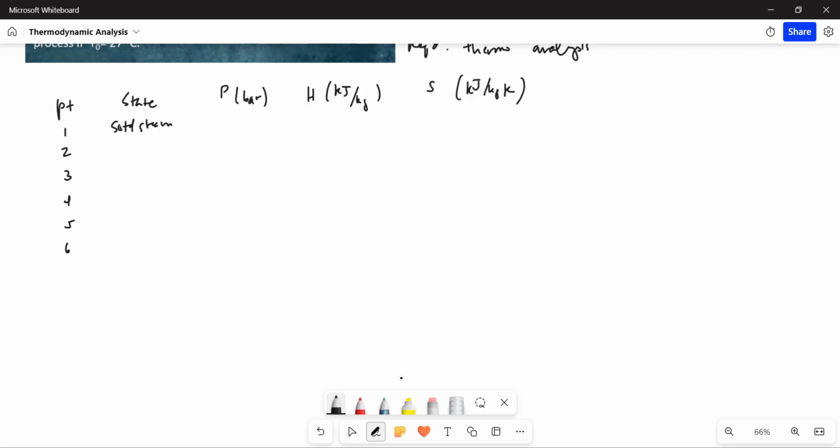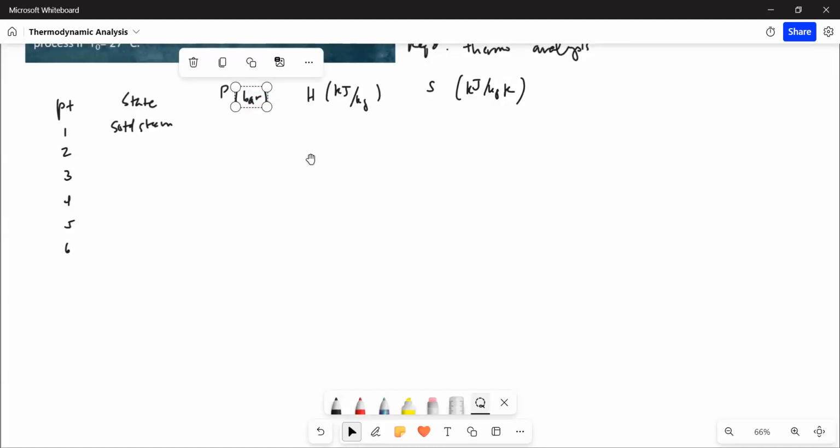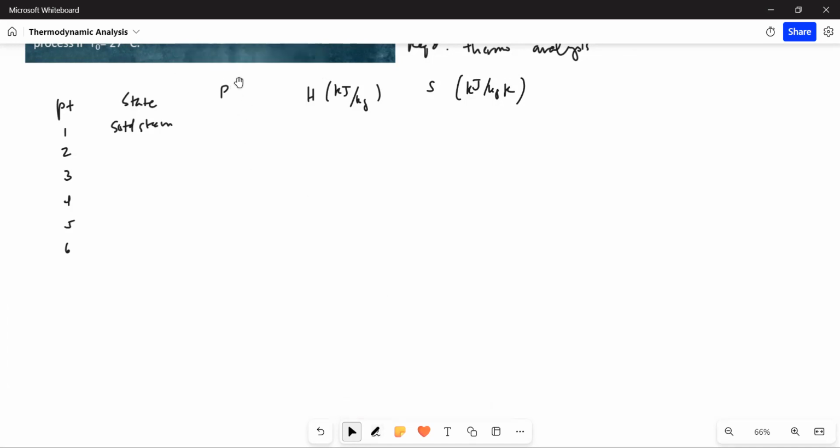So instead of bar, let's convert to kPa from bars. The conversion is multiply by 100. So 0.008 bars is 0.8 kPa.